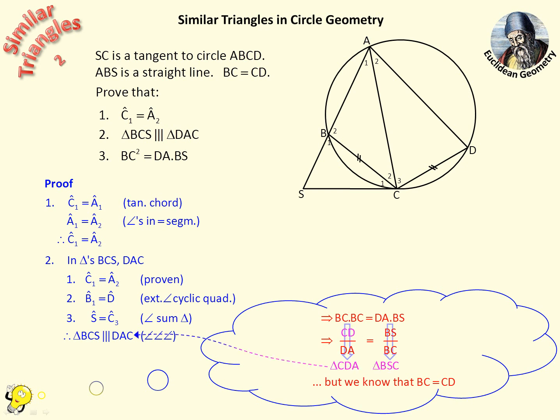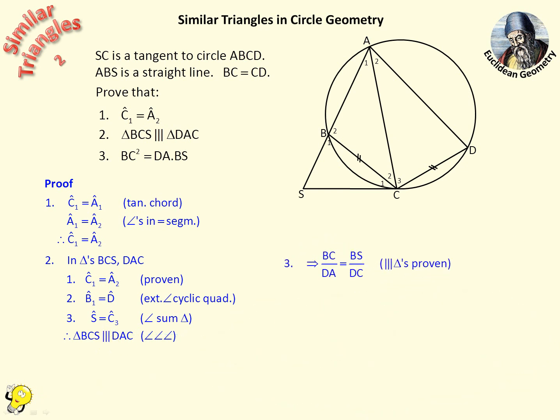Now when we do a vertical test, we get triangle CDA and triangle BSC, which are feasible, and guess what? That's exactly what we've just proved. So we can prove it. We go from that proof of the triangles similar to there. I want BC squared, or BC times DC, so I choose a BC from this first one, so it has to go over DA.